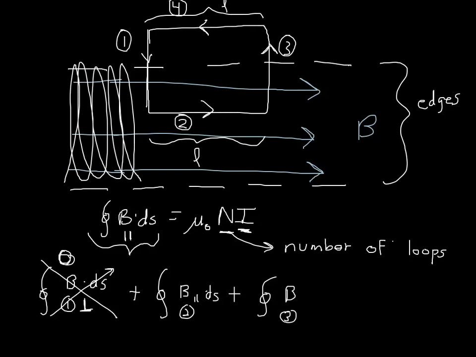B for the third segment is perpendicular. It's going up and down. My magnetic field is going left and right, or in this case just right, so this B dot ds is going to go away. My magnetic field is perpendicular. And then the final segment, the closed integral for B parallel in path 4 dot ds.